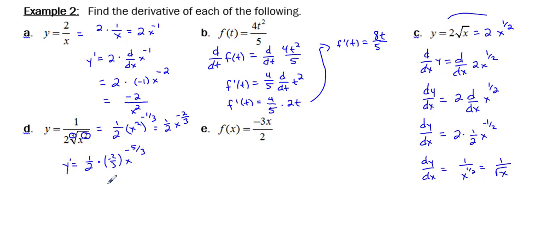Now simplify, rewrite. Okay, y prime. That would be what? Negative 4/6, which is what? Negative 2/6, which would be negative 1/3, right? And then, okay, let's see here.